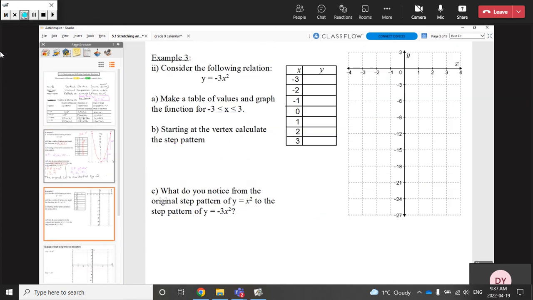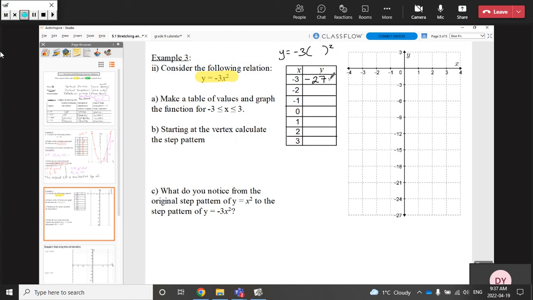Okay, they want us to do the exact same thing with this new quadratic, y equals negative 3x squared. So in our calculator, we go y equals negative 3x squared, and we try our best here to fill in these values and do it efficiently. Negative 3 bracket, negative 3 close bracket squared, and we get something like negative 27.